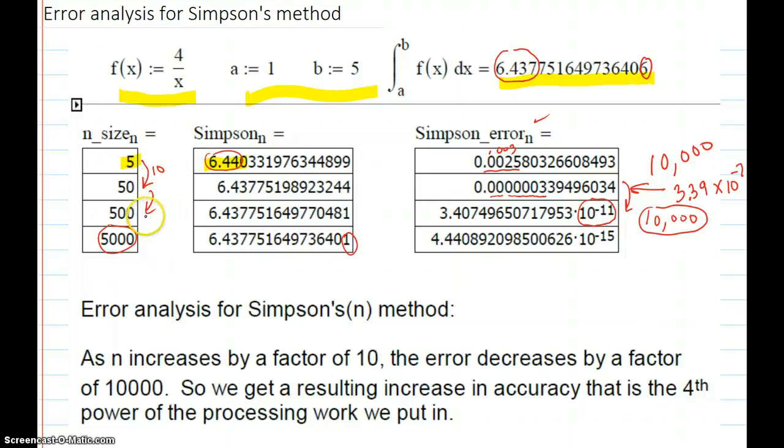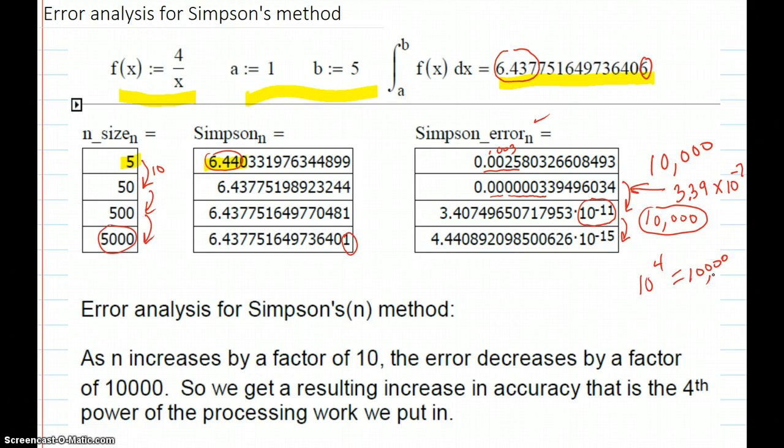Then when you go finally from 500 to 5,000, an increase of a factor of 10 of n, the error, you can see, goes from 10 to negative 11 to 10 to negative 14, again dividing by 10,000 to get to the next one. So your error has decreased by a factor of 10,000. And of course 10 to the 4th is 10,000.